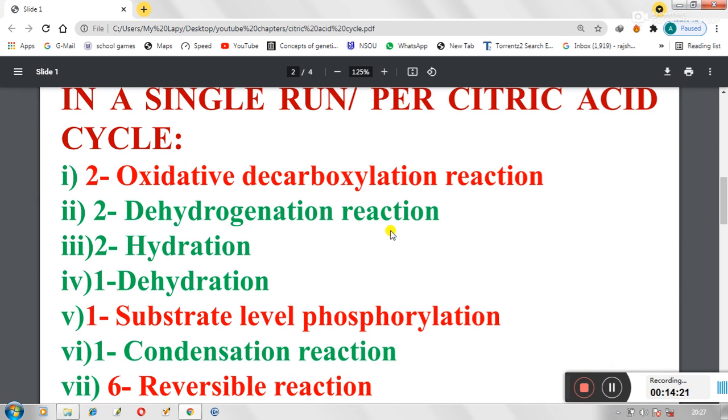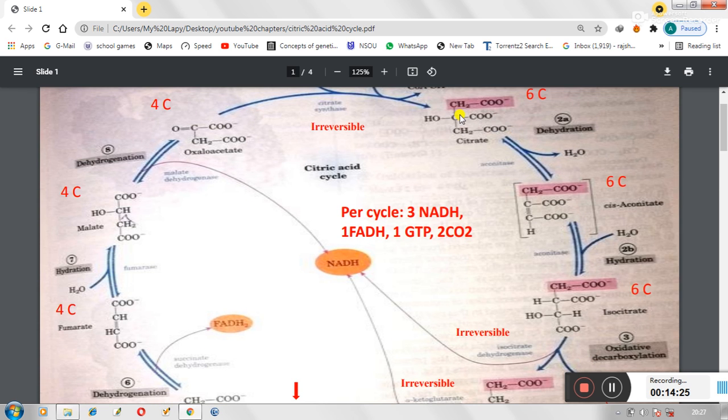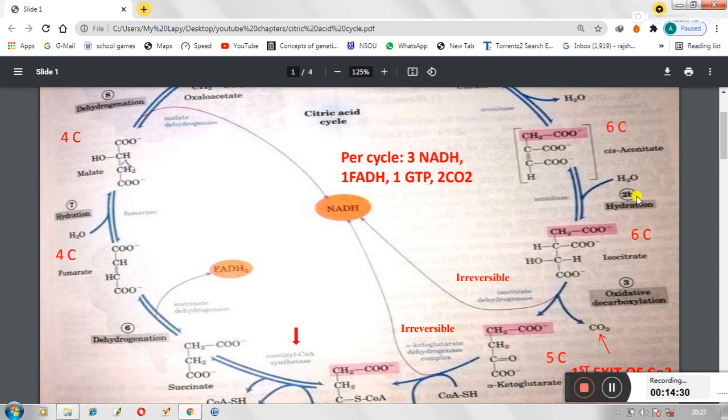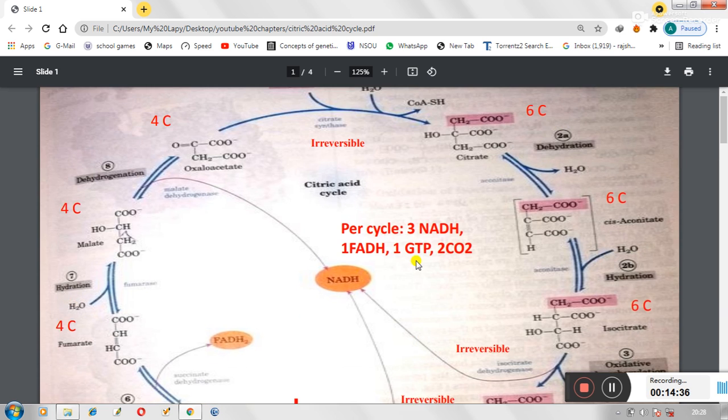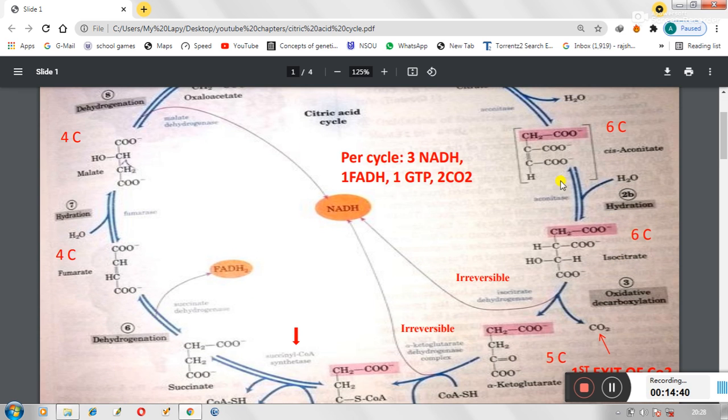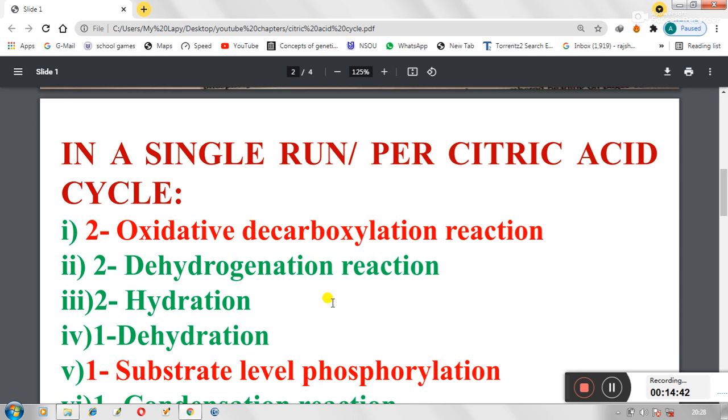Two hydration reactions are required: the first hydration reaction is here, and the second is this one. Another step is a condensation reaction, so it is not counted as a hydration reaction.